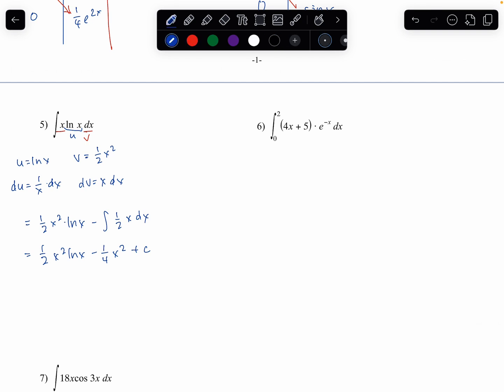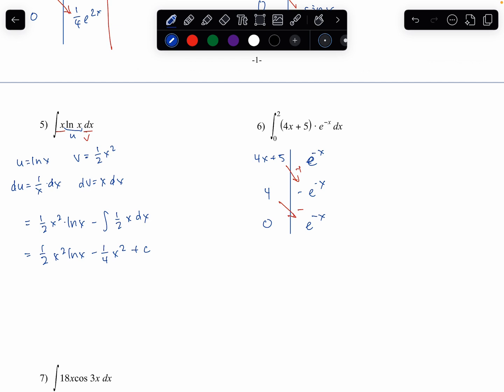Okay, for here, I'm going to use tabular method. So 4x plus 5, and then e to the negative x. So the derivative here is 4, and then 0, and the antiderivative is negative e to the negative x, and the next antiderivative there is e to the negative x, with alternating plus and minus signs.